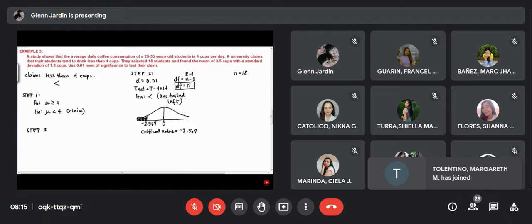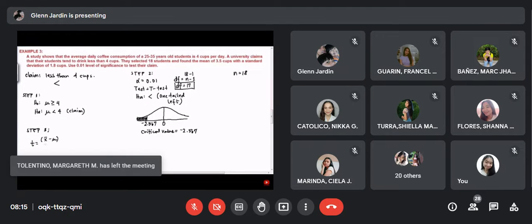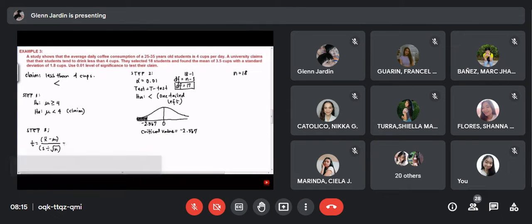And then next one is step 3. So, compute na natin yung computed value, which is dito t-value ang tawag kasi t-test to eh. Pero same pa rin ang formula. X-bar minus mu over standard deviation divided by square root of n. Okay? So, may n na tayo, 18. Yung mu natin, ito yun, 4. And then standard deviation, hanapin nyo lang dyan sa given. So, ang standard deviation, ayan, 1.8 cups.